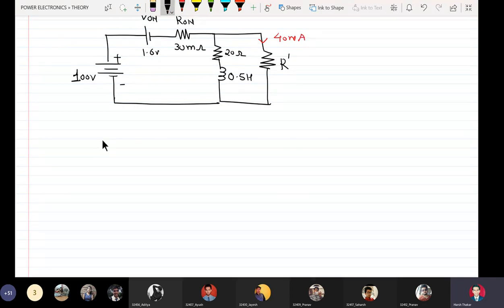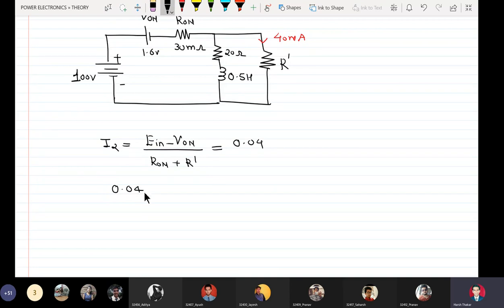So we can say I2 is equal to E in minus V on upon R on plus R dash, which is equal to 0.04.